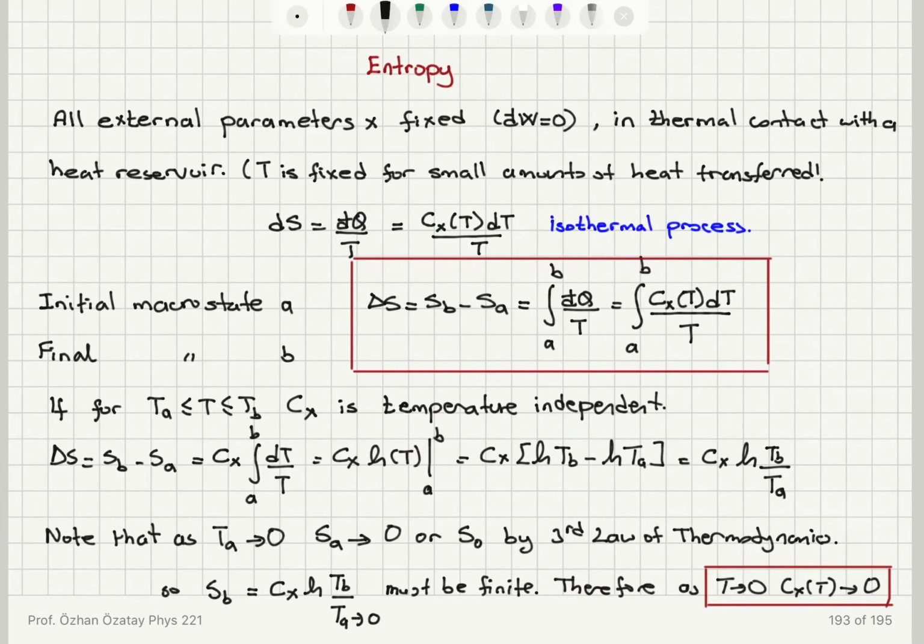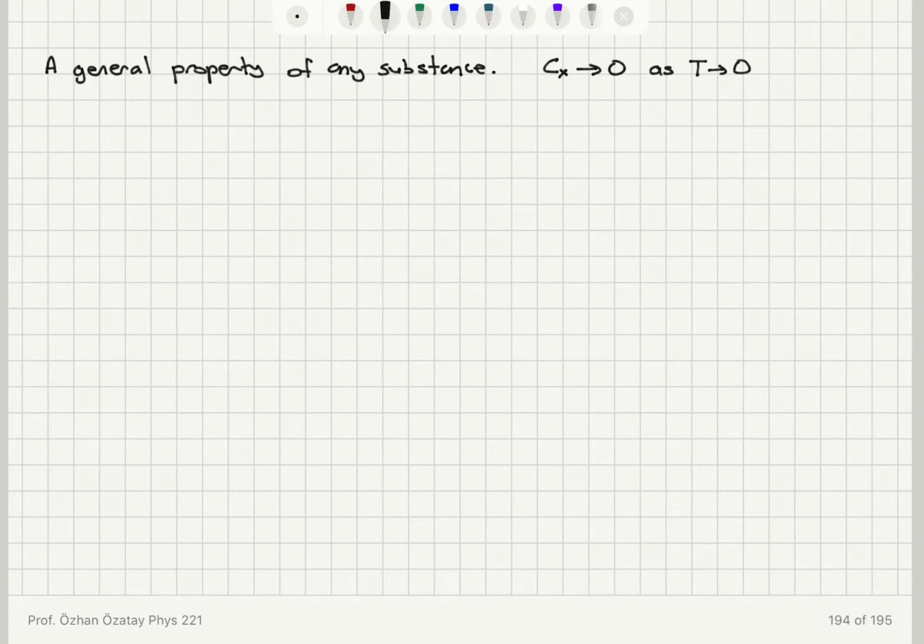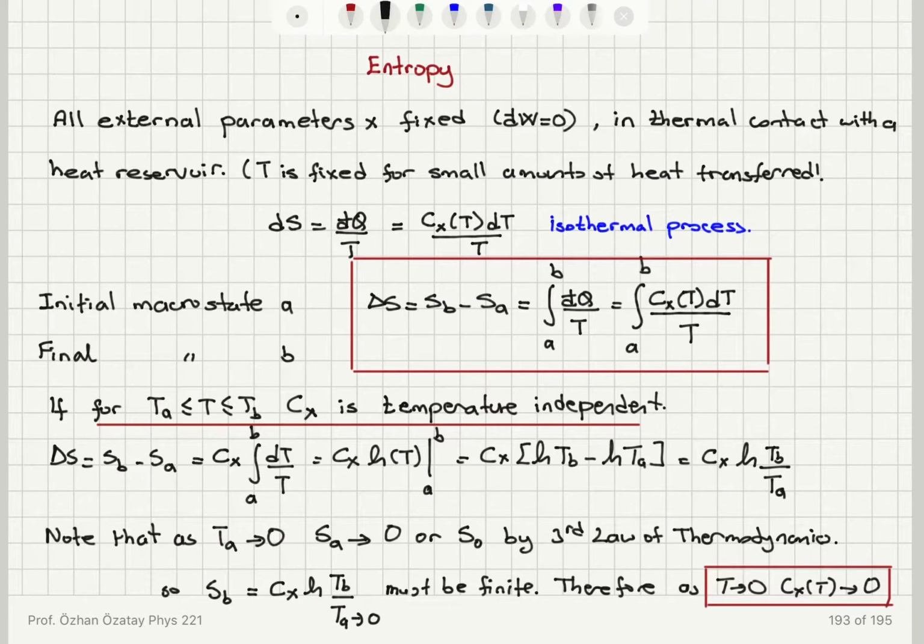So that's basically a remark for us, because we have assumed that for the temperature range of interest, the heat capacity is temperature independent. This assumption may hold as long as we are far away from absolute 0. If the temperature is too low, the temperature dependence of the heat capacity will become important, and actually it will decrease to 0 as temperature goes to 0, so that the entropy must remain finite.